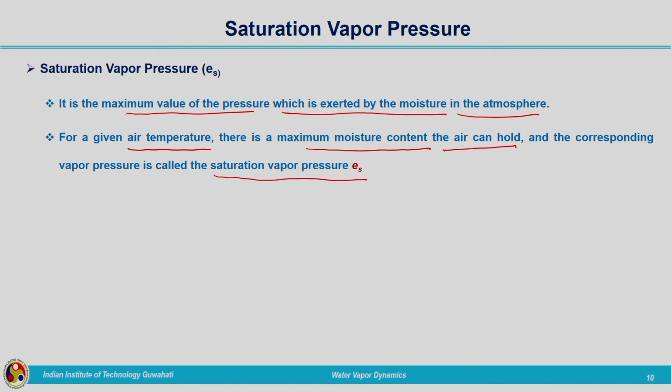In the air, there is a certain amount of water vapor present, right. If you look at the situation, as the temperature changes, how the evaporation changes, you have some idea of these details. In a similar way, the amount of water vapor present in the atmosphere also varies from time to time. So there is a capacity to hold a maximum amount of water vapor in the air.